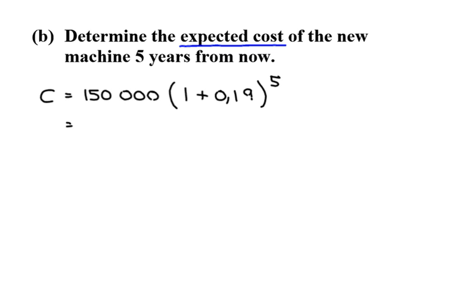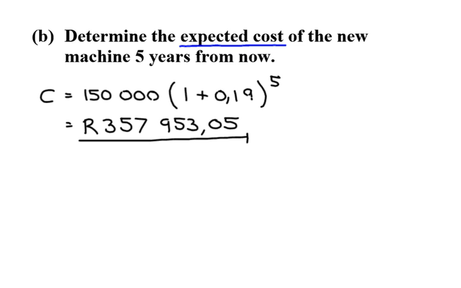So in 5 years' time, that car is going to cost 357,000. Sorry, I'm referring to cars now because in my previous example, that new photocopy machine is going to cost 357,953 Rand and 5 cents. So that's the new price that the school will have to pay for this new photocopy machine.